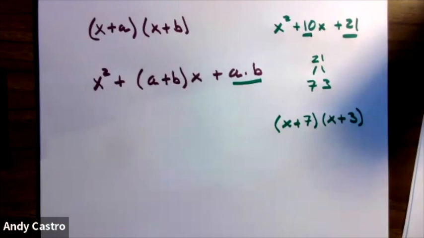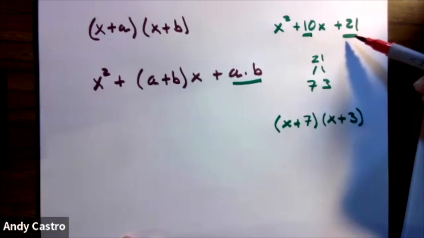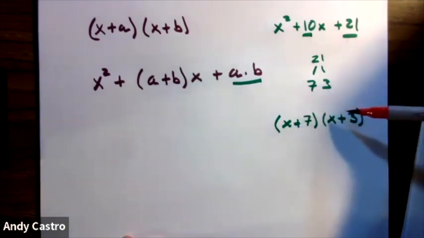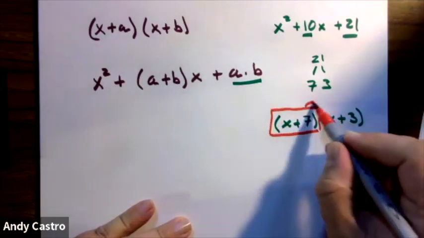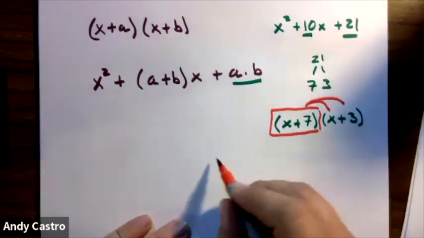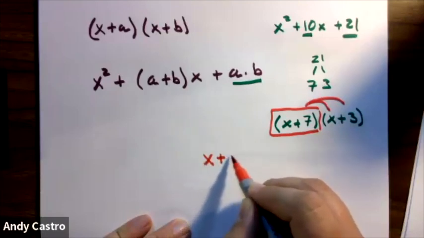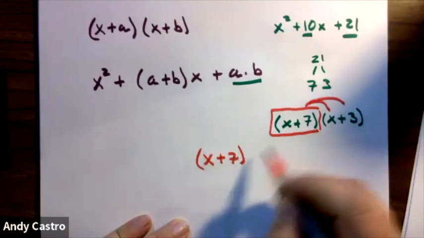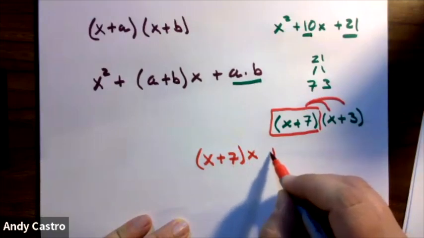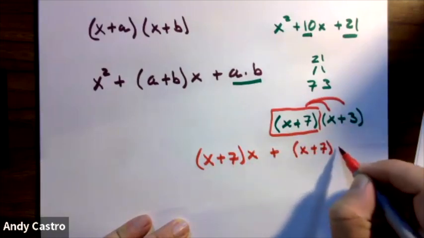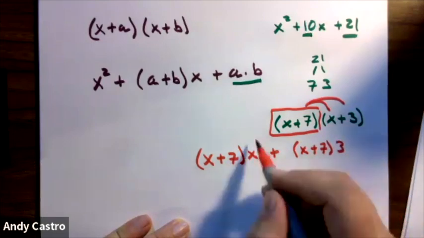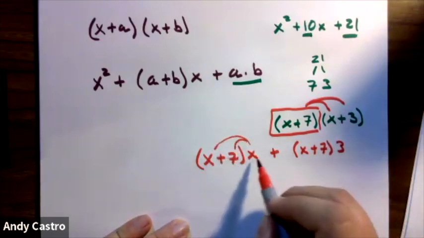And then we could check it. How do I know that this is legitimately factored into this? Well, I could multiply it. So here we have x plus 7 times x plus 3. I'll go ahead and distribute the x.